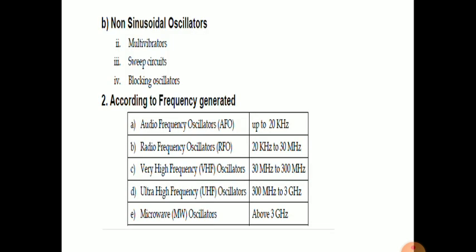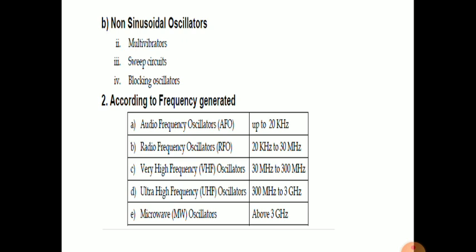In the case of non-sinusoidal oscillators, that is multivibrators, sweep circuits and blocking oscillators, they produce non-sinusoidal waveforms like square waveforms, triangle waveforms and others.